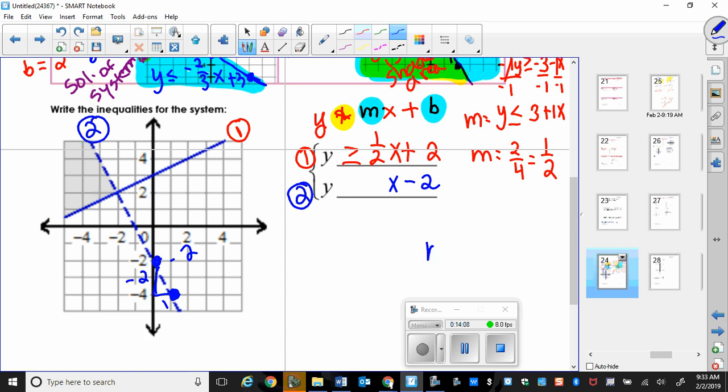So m here, negative 2 over 1 simplifies to negative 2. Okay, my shading, it's shaded below, so it's less than, and it's not equal to because it's not a solid line. It's dashed.